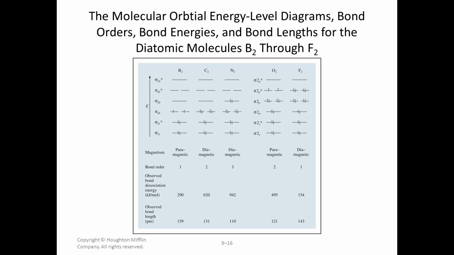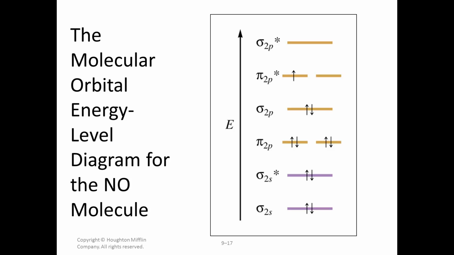So we can go through and examine many of our elements on the basis of bond order and paramagnetic versus diamagnetic properties. Now let's turn our attention to heteronuclear diatomic molecules where we have different atoms connected.